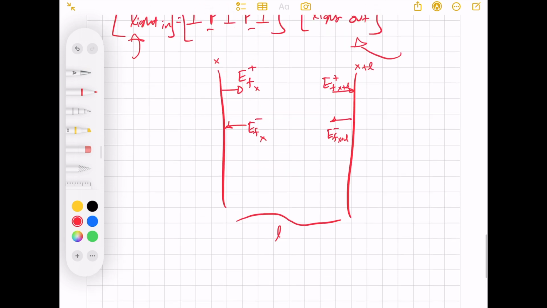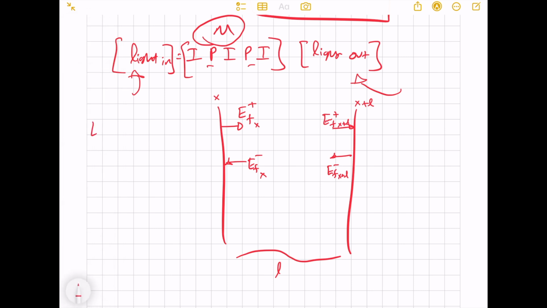So each of these, like E film at X, for example, let's just focus on that, is the plane wave equation, right?